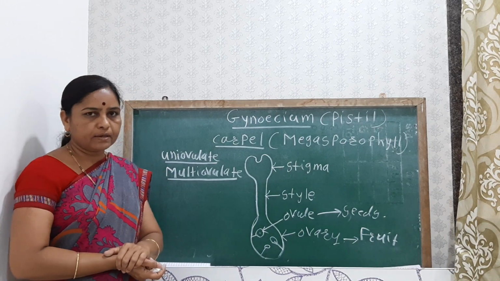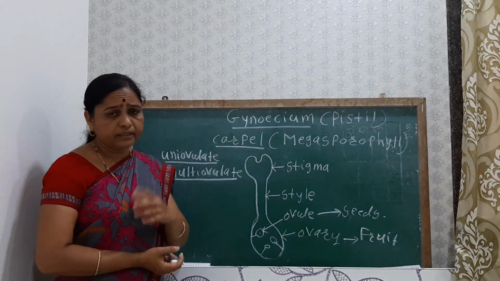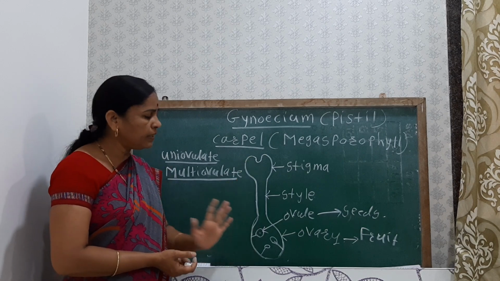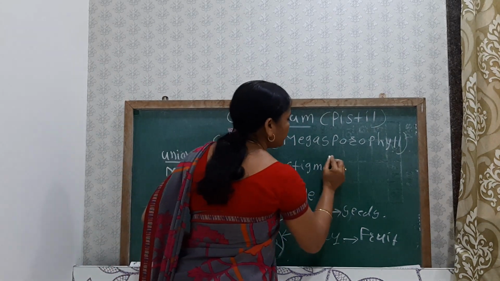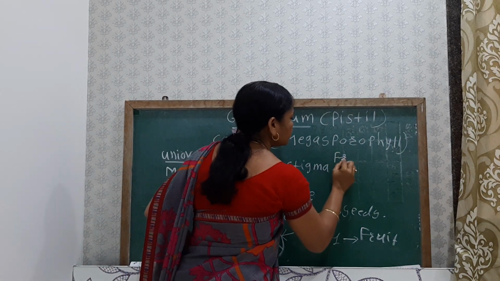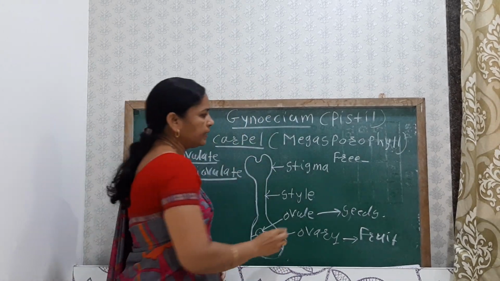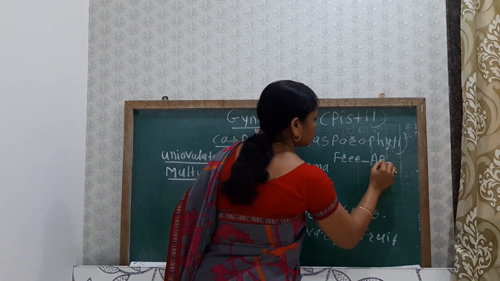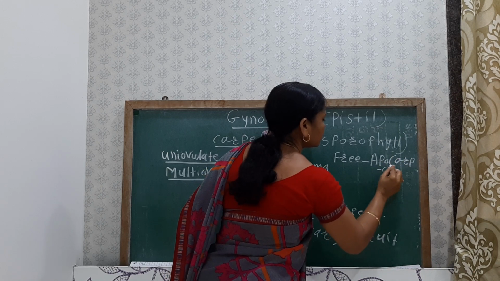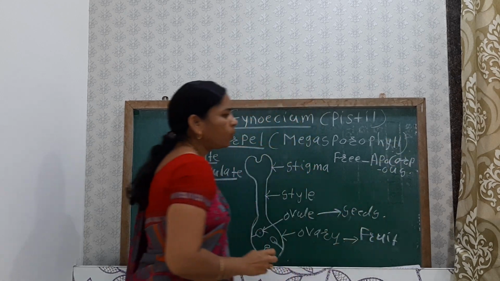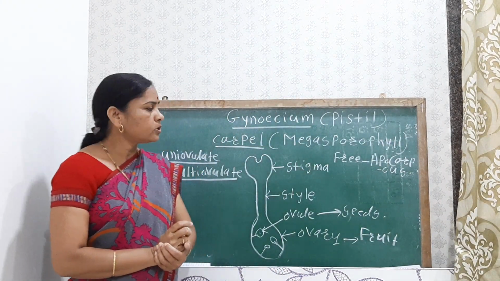Then there are other conditions. If the carpels are free, this condition is known as the apocarpous condition. Apo means free, carpus means carpels.